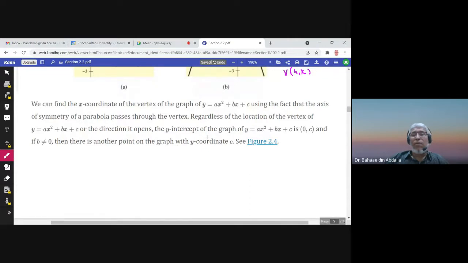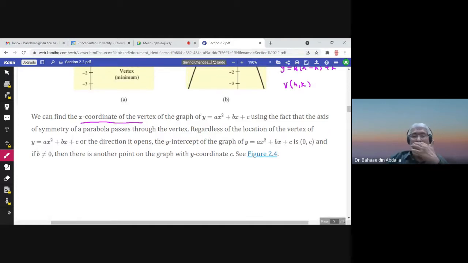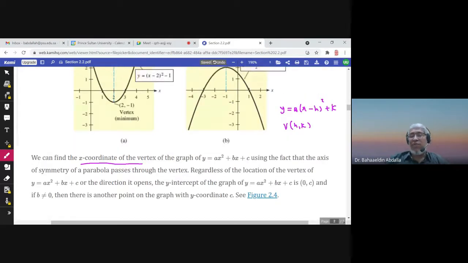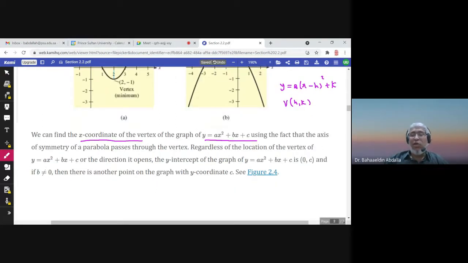Now, how to find the x coordinate of the vertex, which is h, when we don't have this form, when the equation is written in this form? Well, let us see that in a minute. Look here.